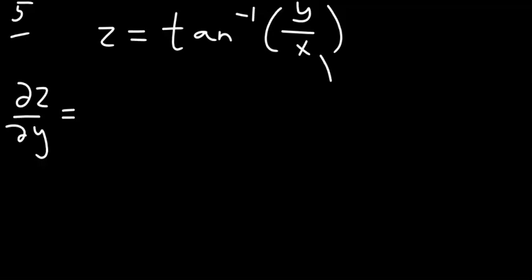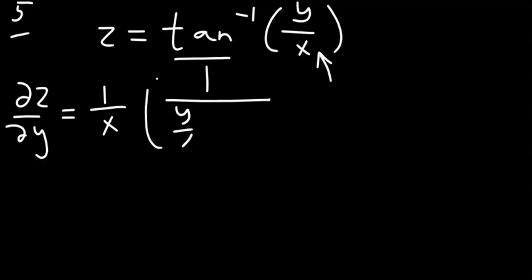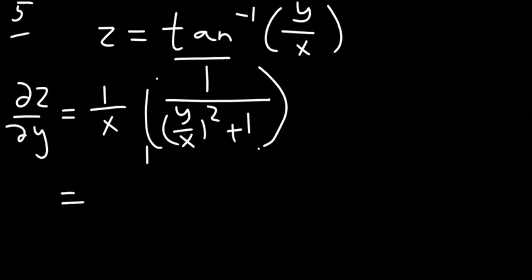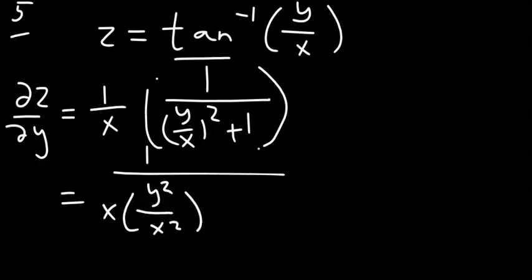Now let's do the partial derivative of that same function with respect to y. Taking the derivative of this argument, y over x, with respect to y, making x constant, you get 1 over x. Now taking the derivative of inverse tangent with respect to the argument, you get 1 over y over x squared plus 1, just like before, which then becomes 1 over y squared over x squared plus x.